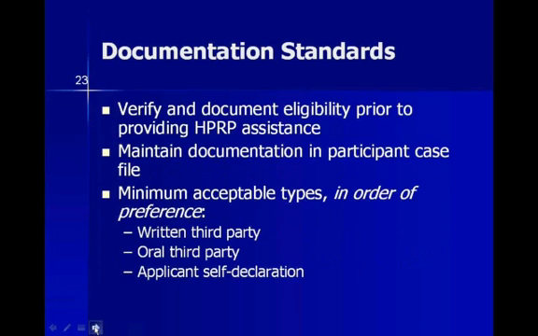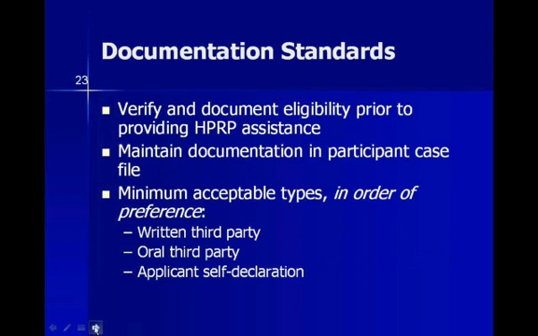Ultimately, if a monitoring occurs, or if a grantee comes to monitor a subgrantee, they would want to be sure that in reviewing a particular household case file, evidence of eligibility is clearly documented. What I'm going to walk through are standards around documentation that our grantees and subgrantees are advised to follow to ensure that documentation is clearly established.